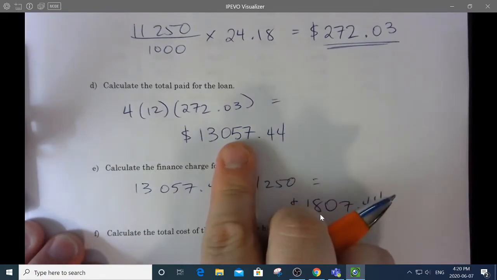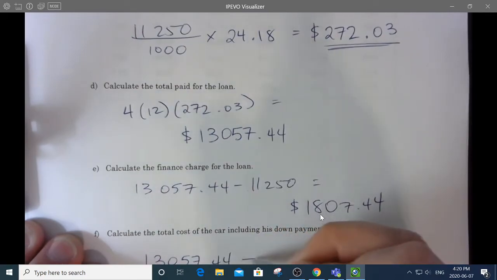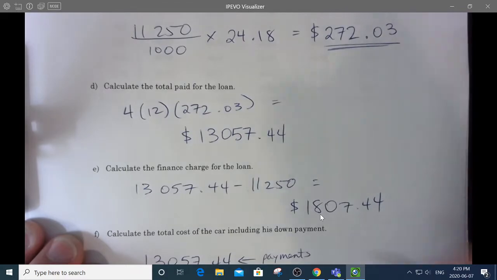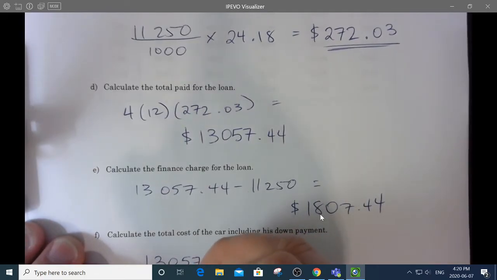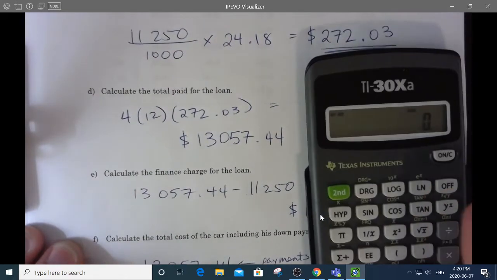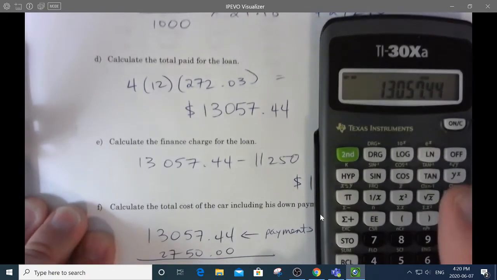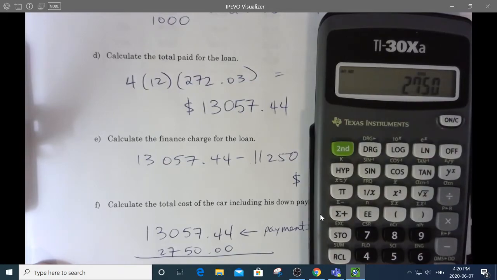And then for F, calculate the total cost of the car including his down payment. So this is how much he paid, $13,057.44. That's all the payments, right? And then he made a down payment of $2,750, right? So add those two things together. $13,057.44 plus $2,750.